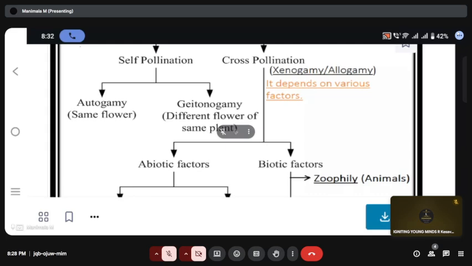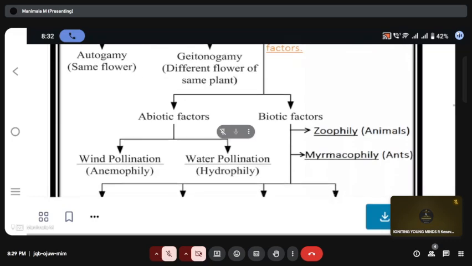Make a note of it. Chasmogamy: the pollination occurs in open flowers, which expose their sex organs.